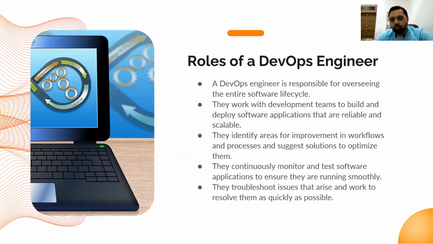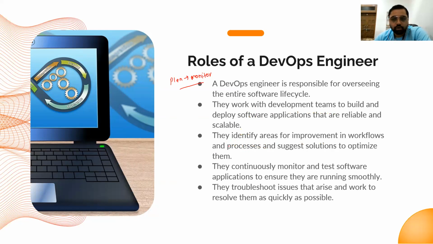And if I talk about the roles of a DevOps engineer, so what are the roles? A DevOps engineer is responsible for the complete life cycle, from planning to monitoring of your application. In every phase, a DevOps engineer is needed. These are some basic roles. They work with the development teams to build and deploy software applications that are reliable and scalable, and they identify areas of improvement in the workflows and processes and suggest solutions to optimize them.